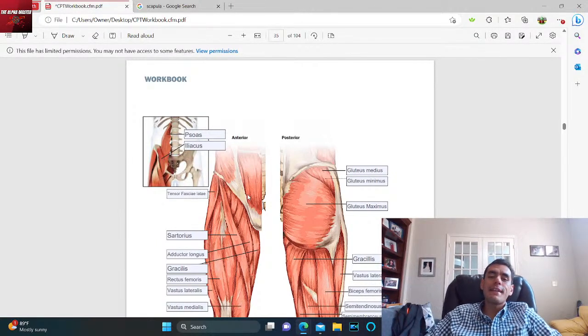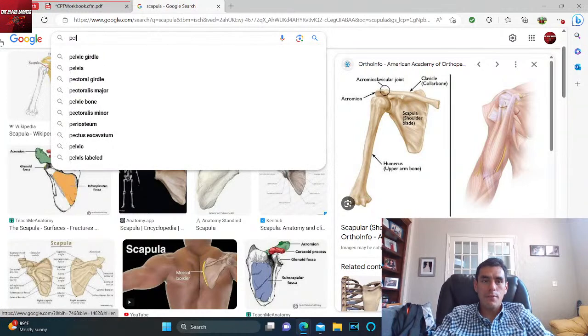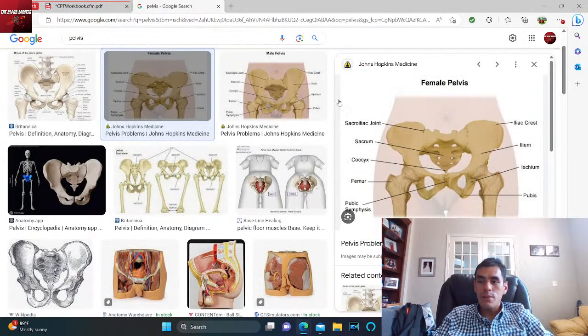The TFL, the tensor fasciae latae, is going to be in the anterior portion of your pelvis, the pelvic girdle right here in the ilium.